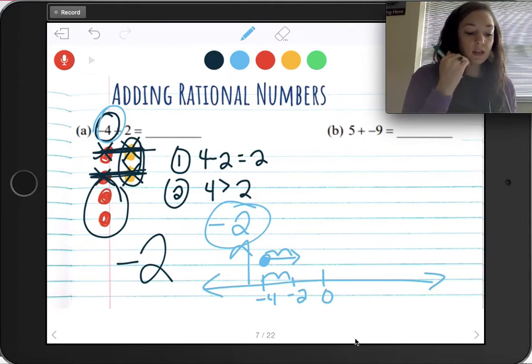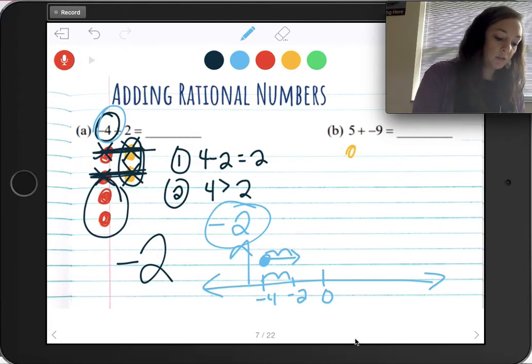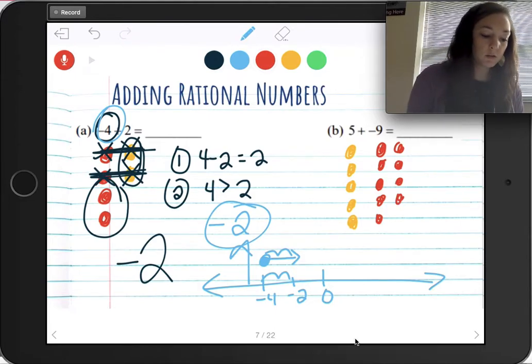5 plus negative 9. So if I had counters again on this one, I'd have 1, 2, 3, 4, 5. And negative 9 would be 1, 2, 3, 4, 5, 6, 7, 8, 9. All right, so let's make some 0 pairs.